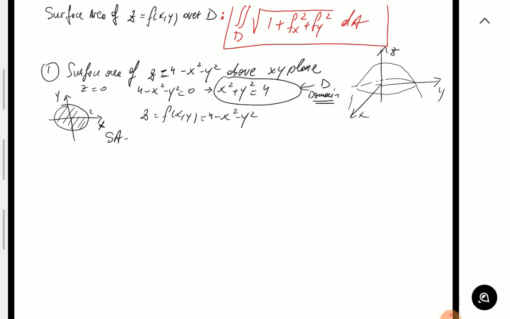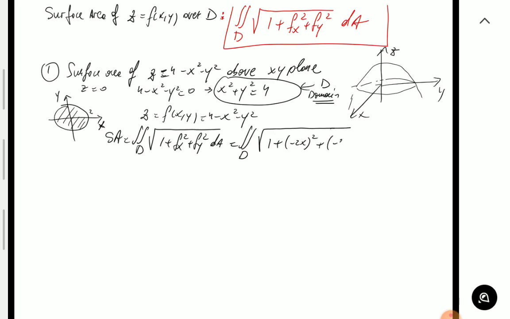So the surface area then is going to be the double integral of square root of 1 plus partial x squared plus partial y squared. Obviously carefully write down what that means before you decide how to compute it. Okay, so partial x of f is minus 2x, and then partial y is minus 2y.